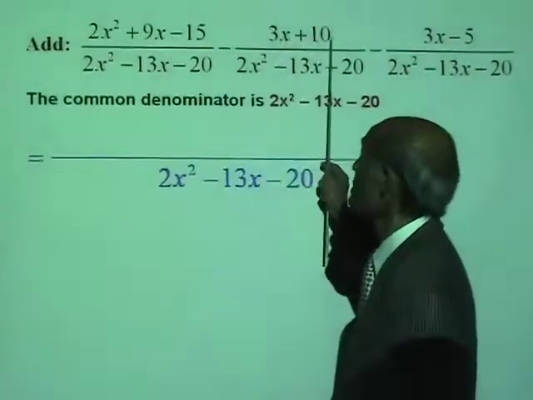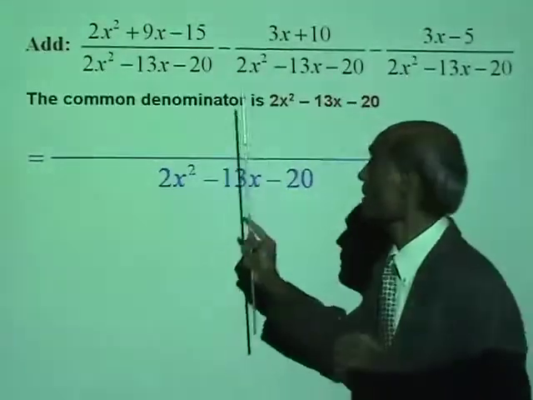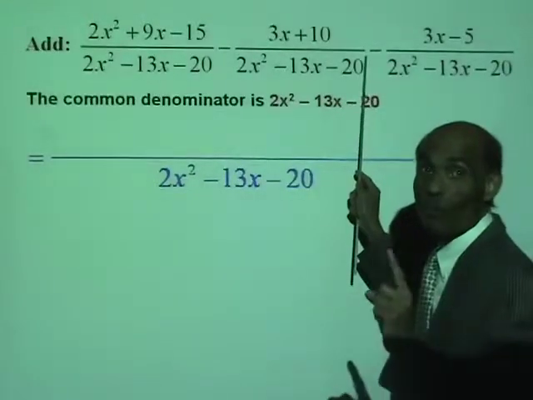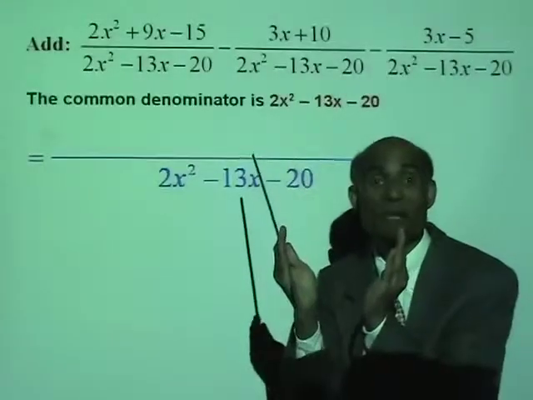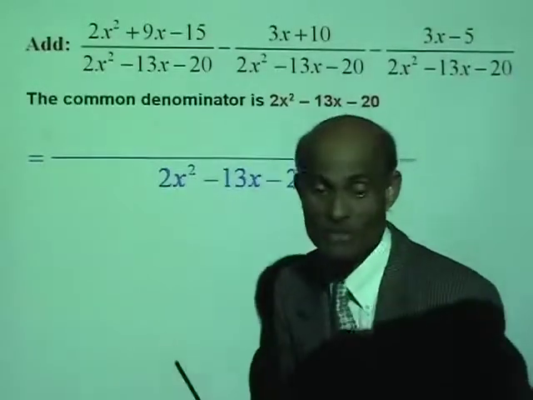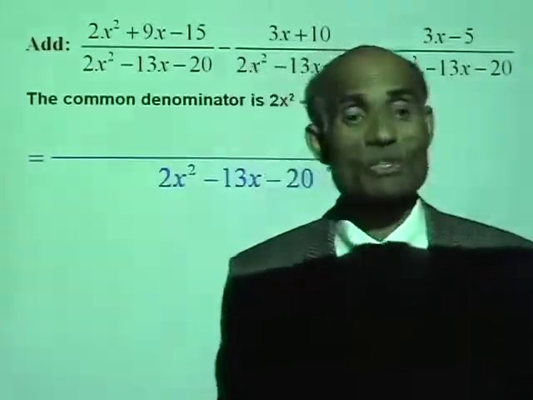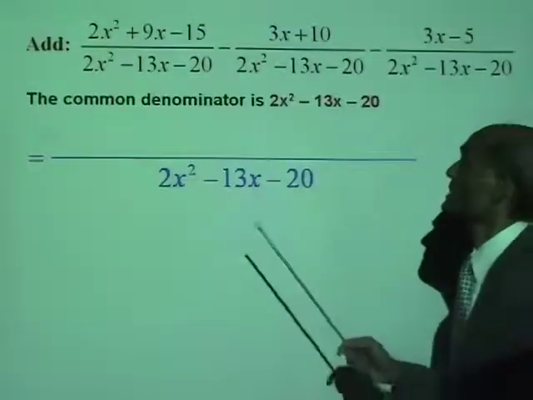Minus this quantity. That means that must be inside a parenthesis, followed by this minus sign, minus what? Minus this quantity. Again, that quantity must be inside parenthesis. Very important: after the negative sign, the quantities need to be grouped using parentheses.